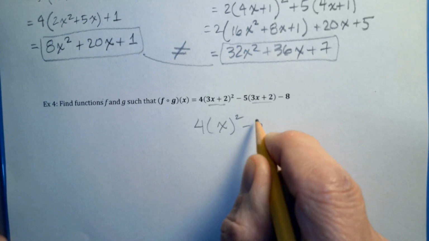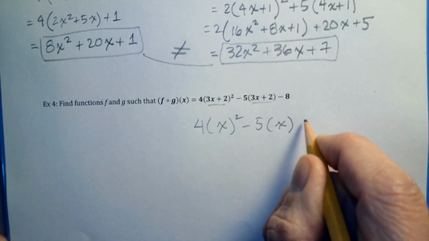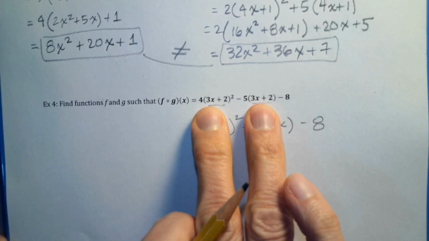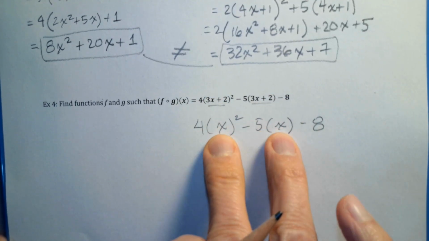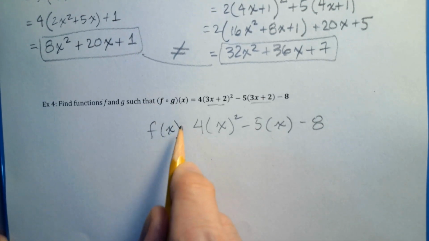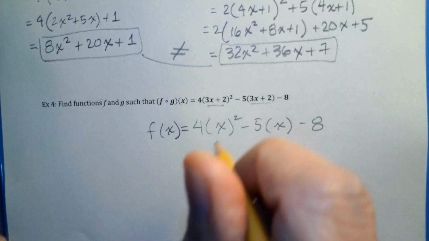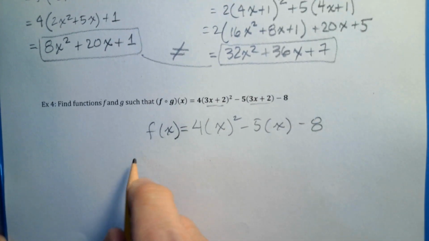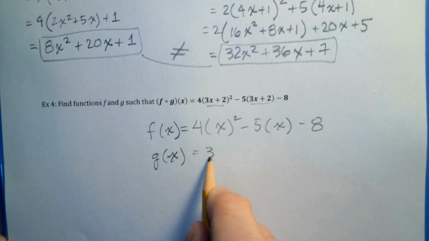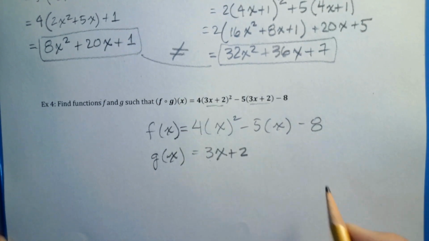So if we could rewrite this as 4x squared minus 5x minus 8, right? That would be the second function that we're plugging x into. So that would be the f of x, I think. And then what are we plugging into that, right? So g of x would be the thing we're plugging in, 3x plus 2.